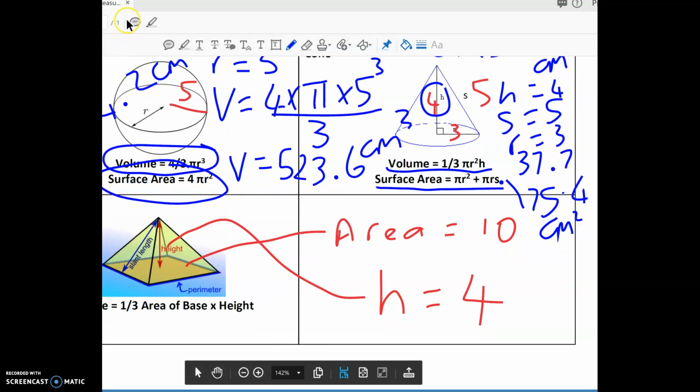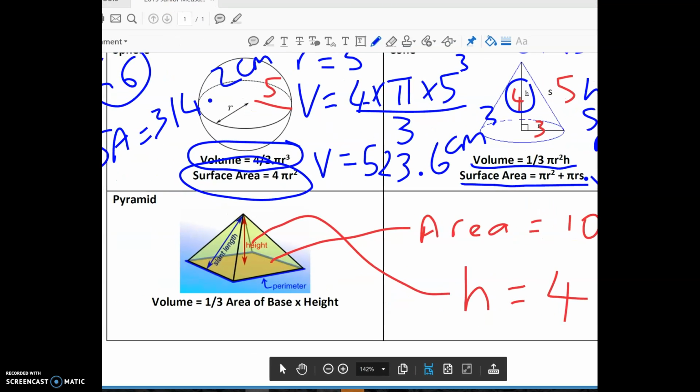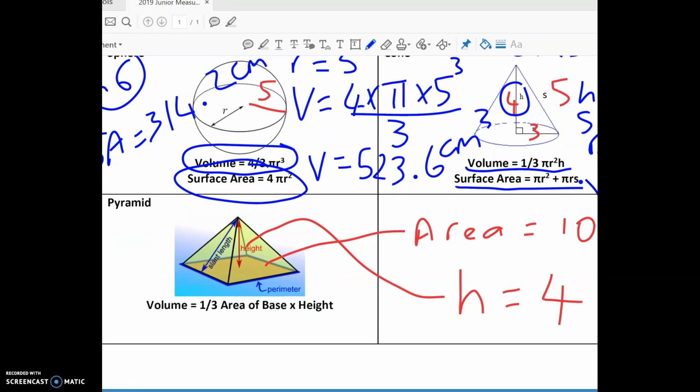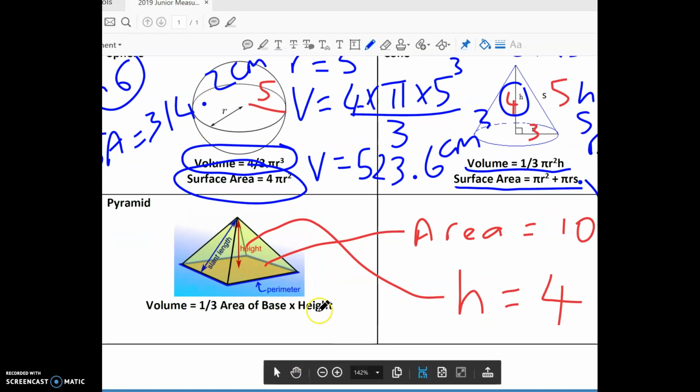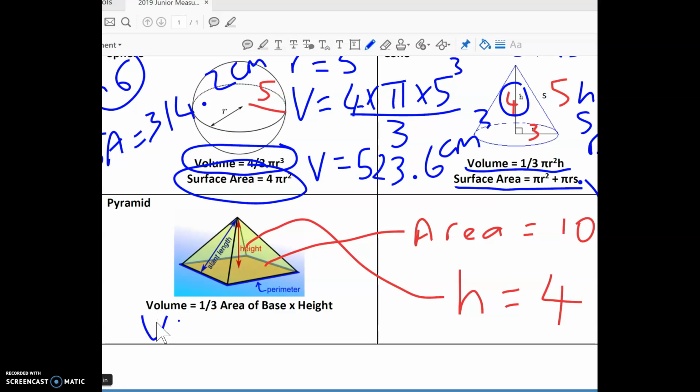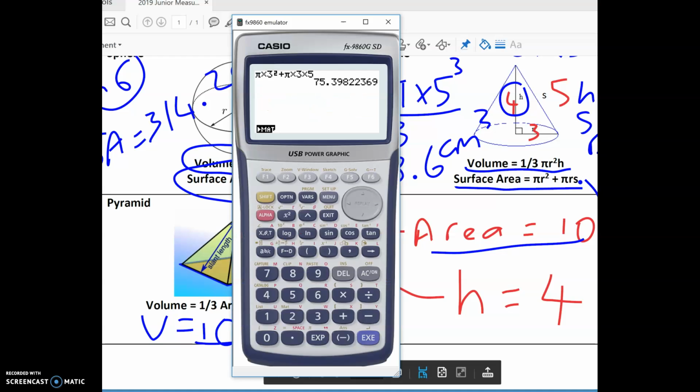Now, our last one. Hang on. Here we go. So we have volume equals 1/3 the area of the base times the height. So our volume equals, if the area of the base is 10, times the height of 4. And instead of multiplying by 1/3, I'm just dividing by 3. And so I will just use the calculator to show you.